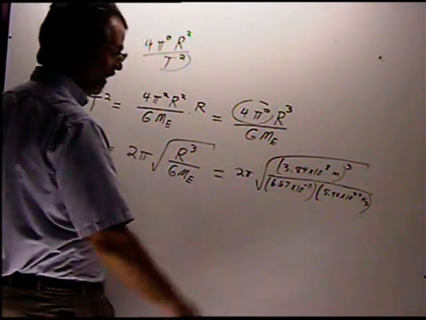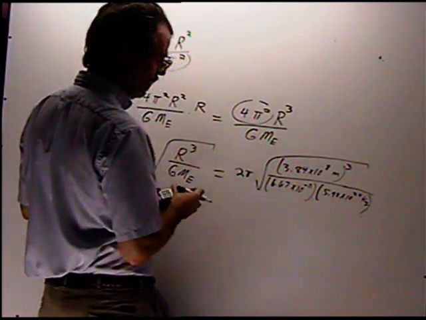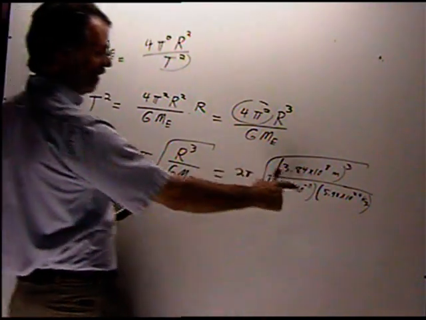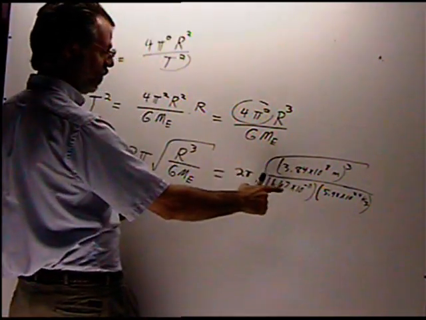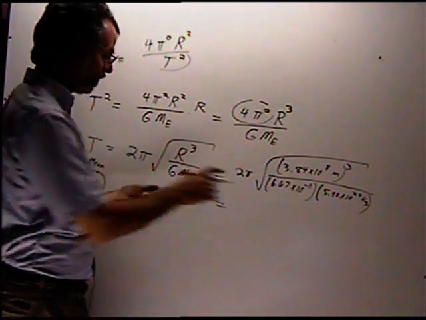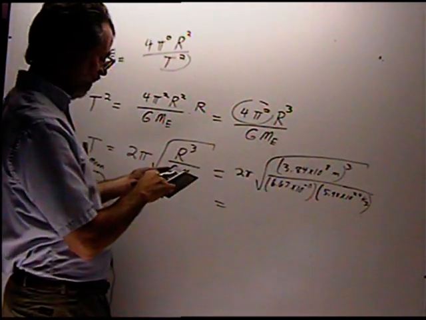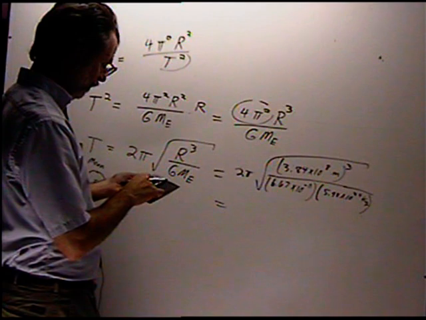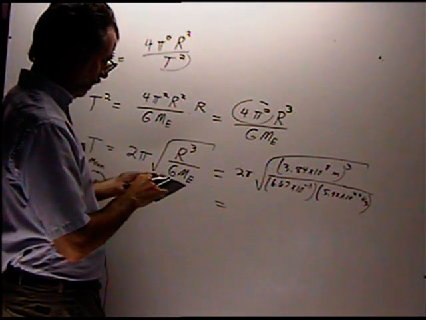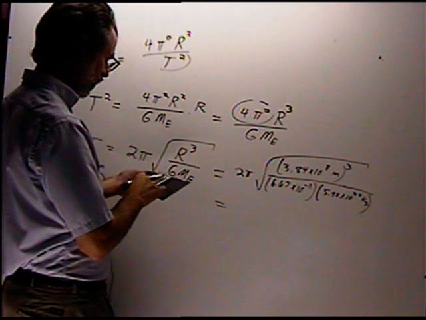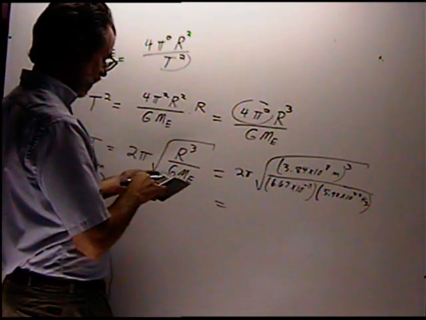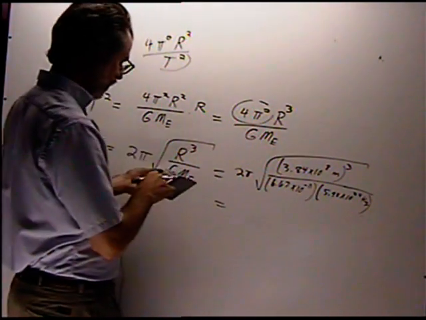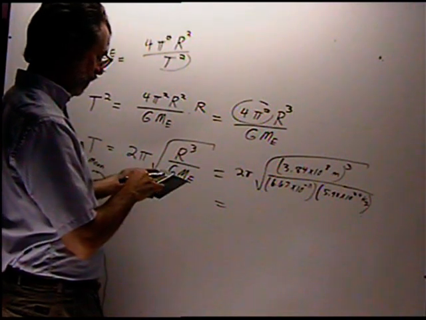Okay, so let's calculate. Now, remember, all of this is going to come out in seconds. Let's go ahead and calculate this first. First, this 3.84 to the 8th. I need to cube that, divided by G, 6.67 e to the minus 11, divided by the mass, 5.98 e to the 24.